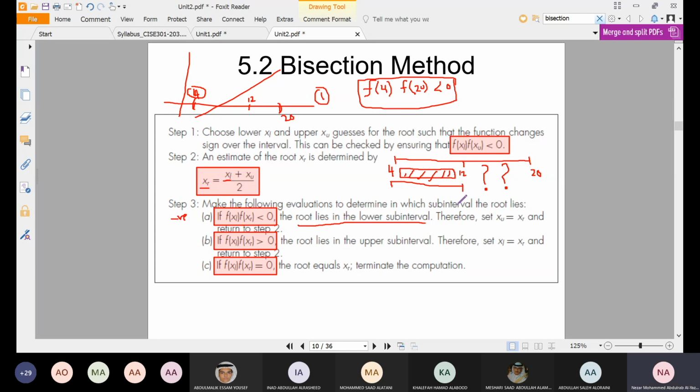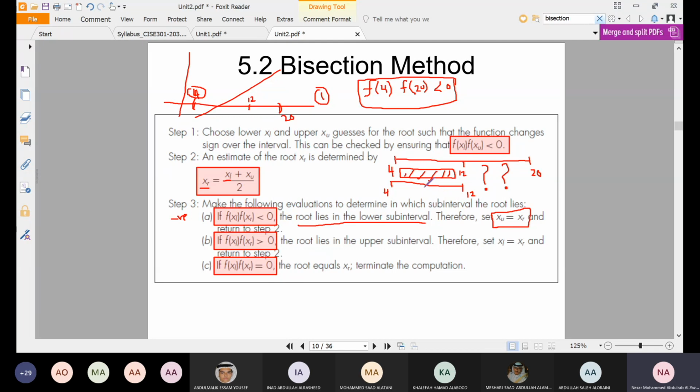In the second step, I reduce the interval by half, to 4 and 12. That means I replace the upper limit by the midpoint, so I set the upper limit equal to the midpoint.